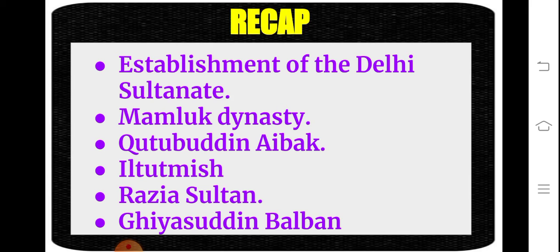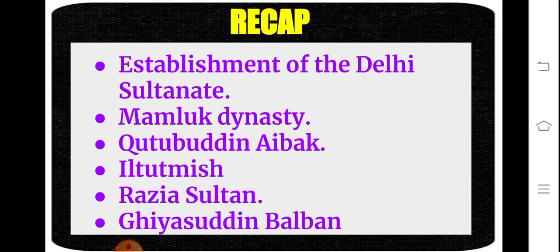In the previous section, we talked about the establishment of the Delhi Sultanate, and in that we talked about the Mamluk dynasty and its meaning. Mamluk means slave, and these slaves were mostly Turks. There were specialized slaves known as the Bandagini Khas. Then we talked about Qutbuddin Aibak, who was the founder of the first dynasty of the Delhi Sultanate.